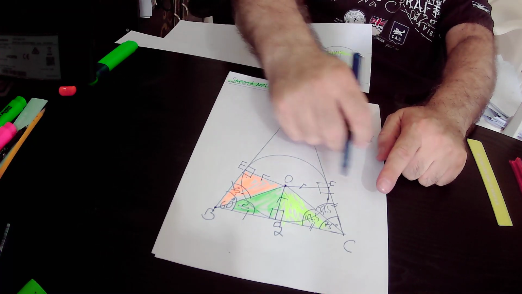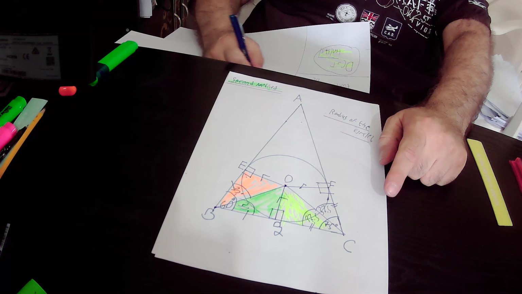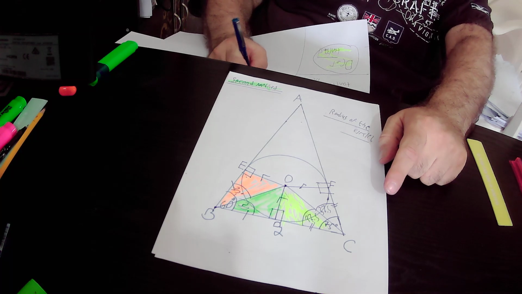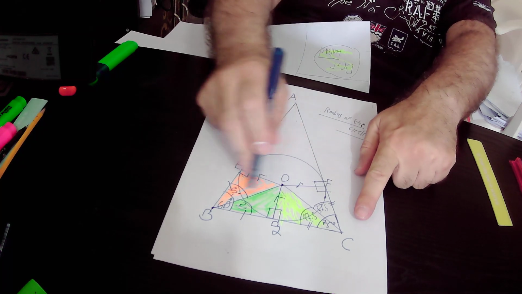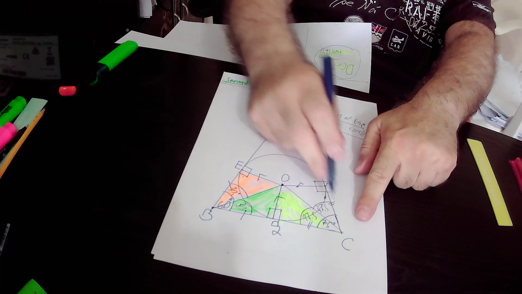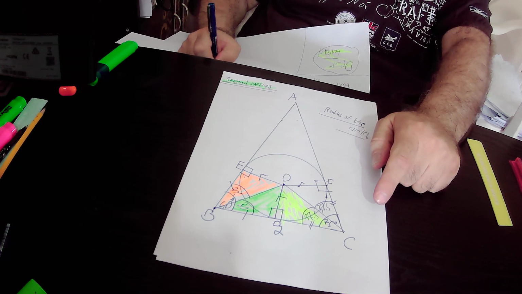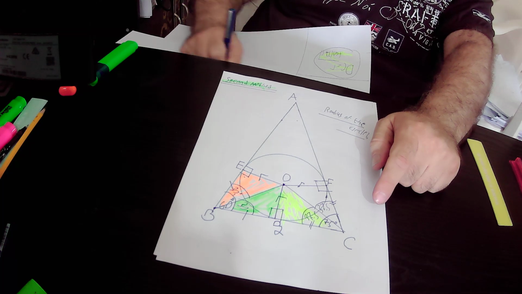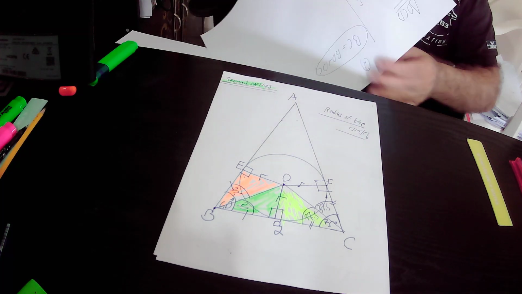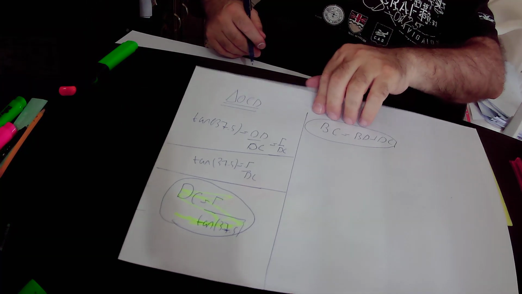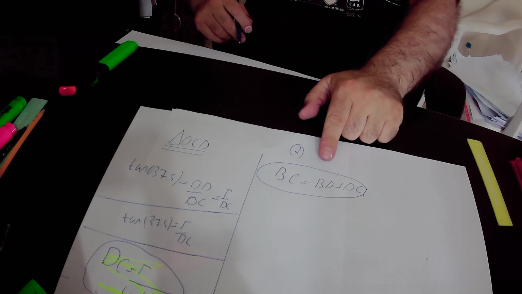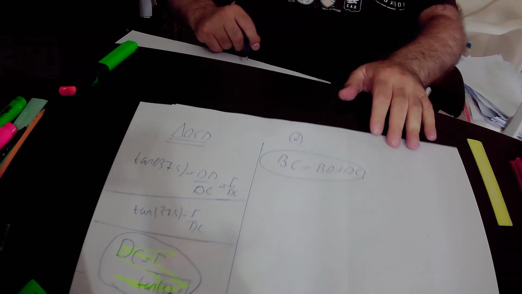And what is the value of side BC? It is very easy to see from the drawing that side BC equals BD plus DC.